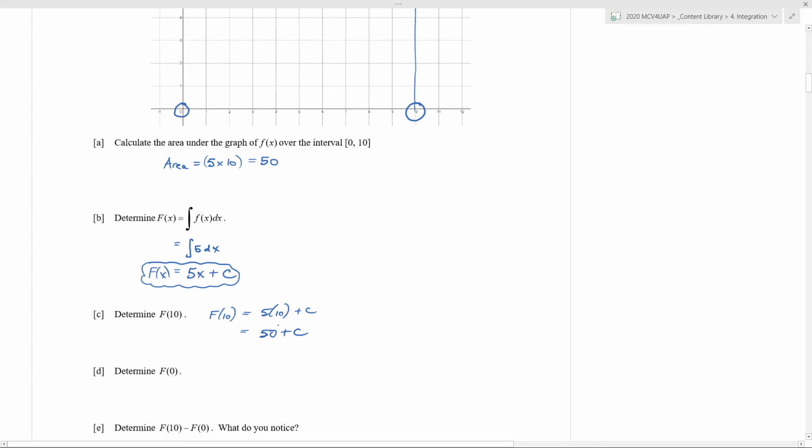Now I do the same thing. I take my antiderivative, 5x plus c, and I sub in 0. And I get 0 plus c, or I just get c. Now I'm going to take those two expressions, F at 10, which is 50 plus c, and F at 0, which is c, and subtract the two.